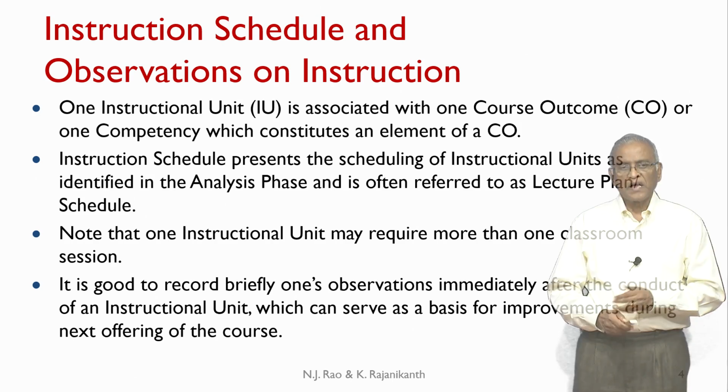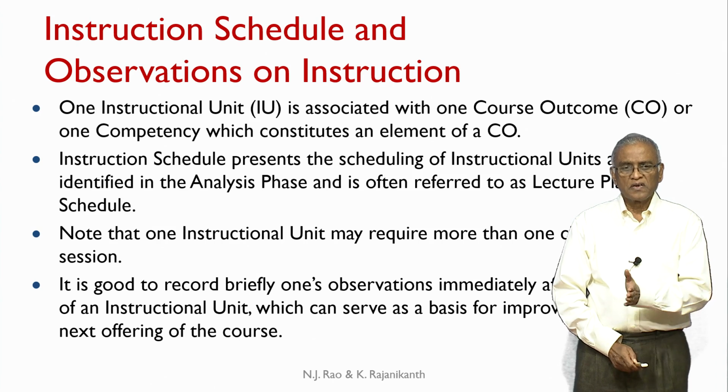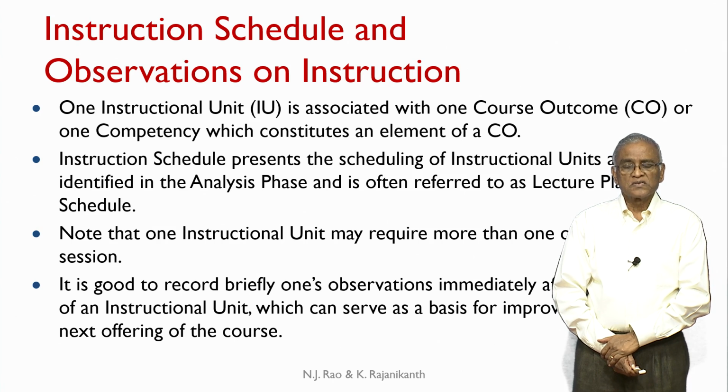These can be included as a set. We give you a template. If you use this template and write your observations as well as the instruction schedule, it will be convenient.